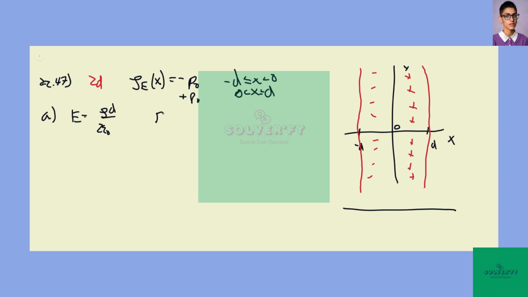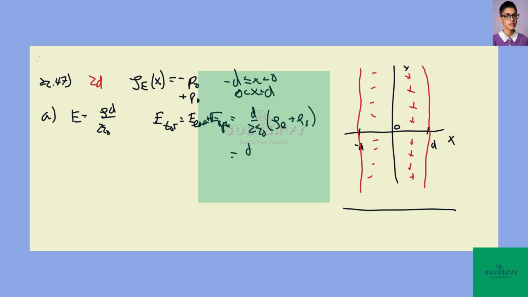So this means we can take the total as E from the left plus E from the right, but this now becomes d over 2 epsilon naught times rho left plus rho right.